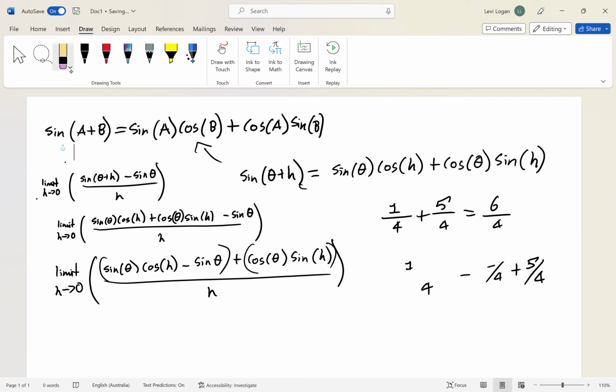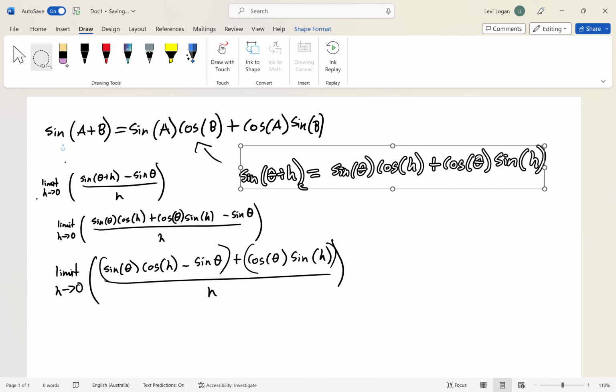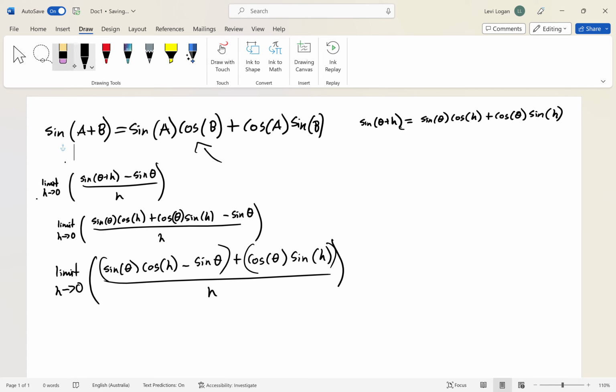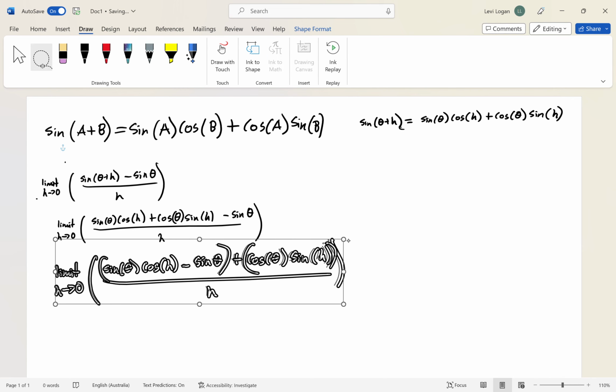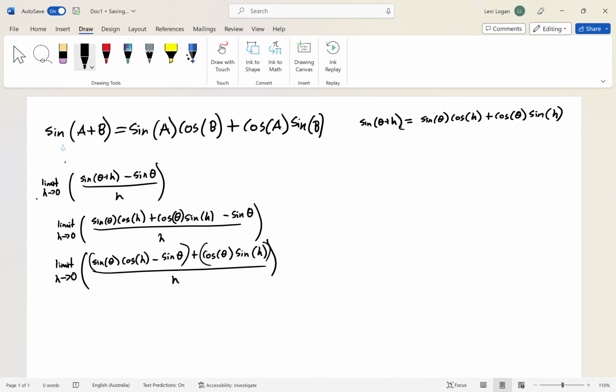So I'm just going to rub this out so we have enough room, and I'm going to make a lot of this stuff a bit smaller. I'm going to make this identity a bit smaller, move that up there, and make this here a bit smaller too. Right? So I'm just going to rewrite this here.